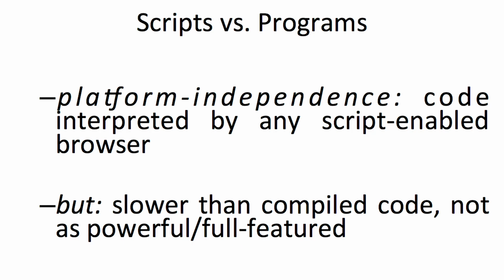Another feature of these scripting languages is that they are platform independent like programming languages, with code interpreted by any script enabled browser. So a script enabled browser can execute this code. I have already explained that they are slower than compiled code, not powerful, not full featured.